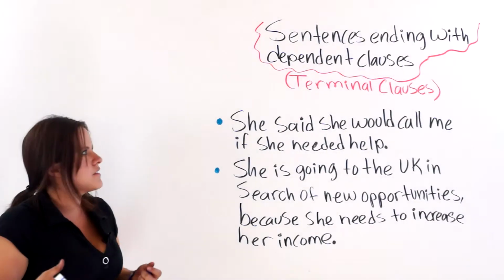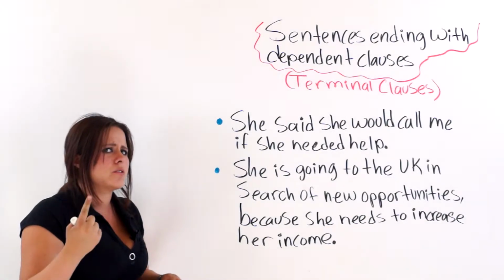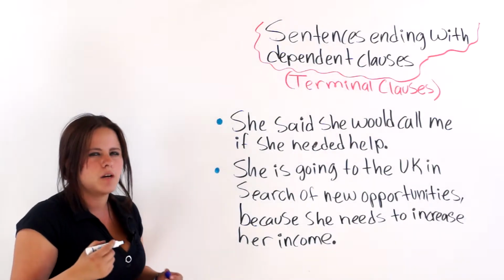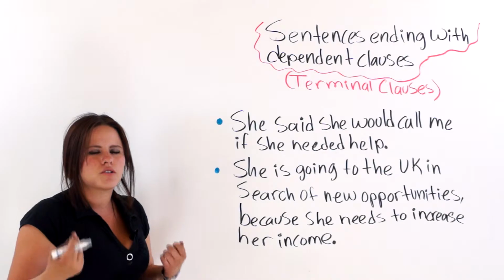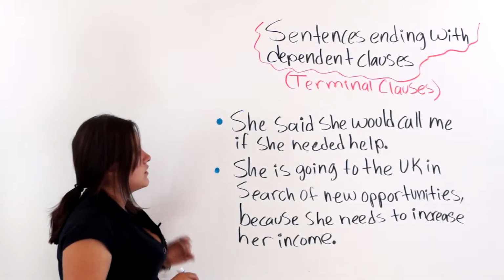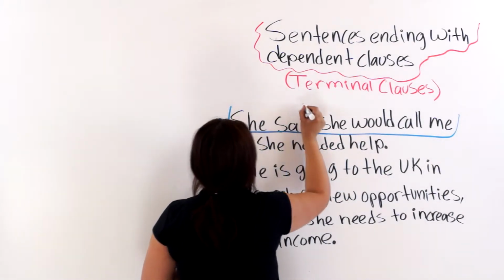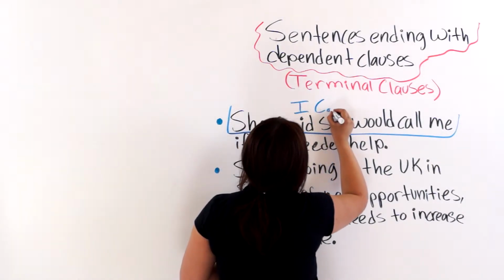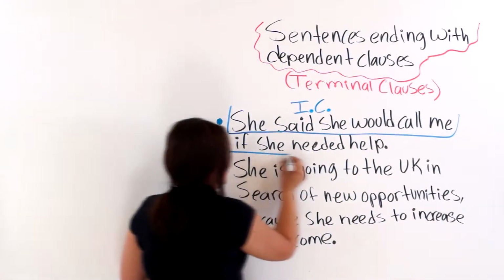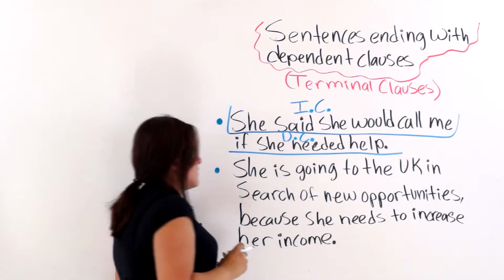Unlike compound sentences, complex sentences, or the sentences that have one independent clause and one or more dependent or subordinate clauses, sometimes do not need the use of the comma to separate them or a conjunction to punctuate them. So as you can see, in "she said she would call me if she needed help," we have one independent clause, also known as a principal clause, and we have one dependent or subordinate clause.